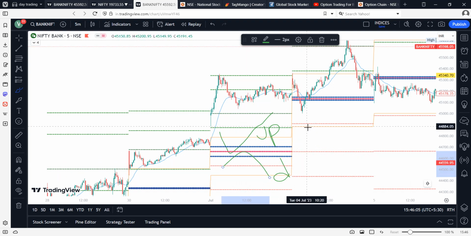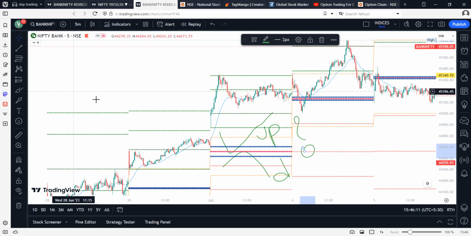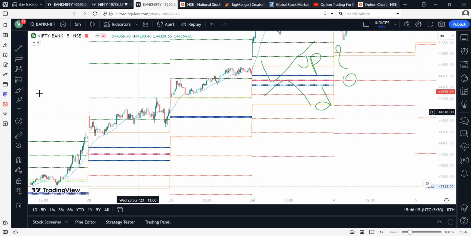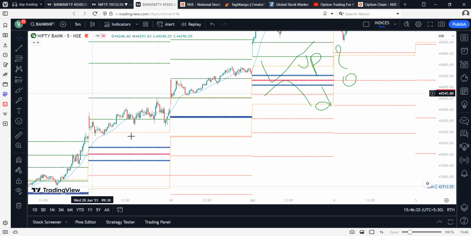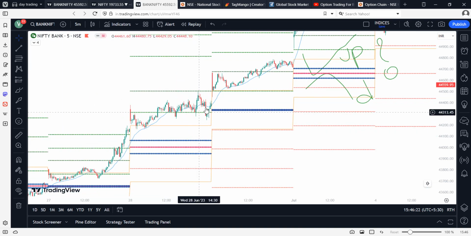Now the question comes: how to know the trend? If you want to know the trend, go to the charts and observe when was the last time the price closed above R1. See, this is the time the price closed above R1.